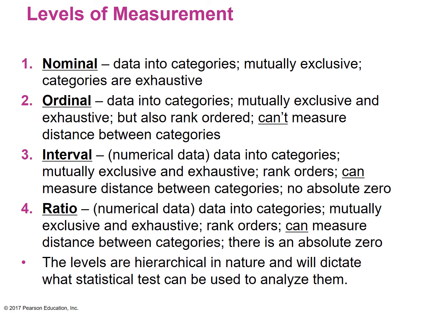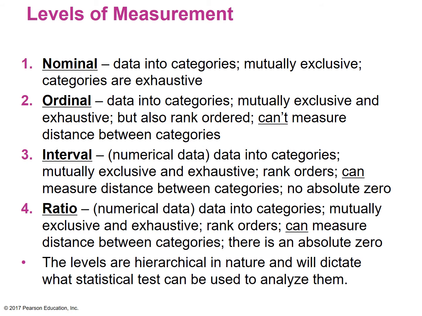And again, your instrument collects data. It's up to you to determine what type of data that instrument is collecting, and if that type of data aligns with what you're trying to do statistically.